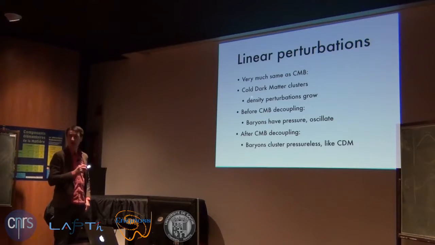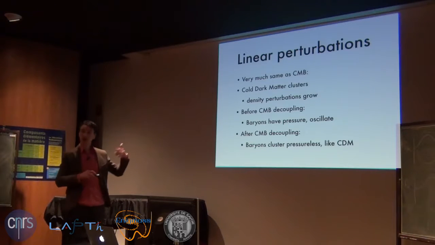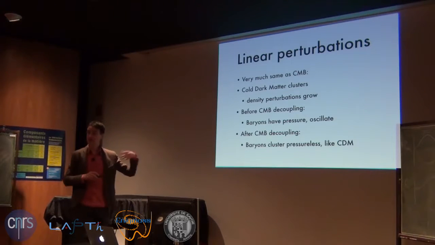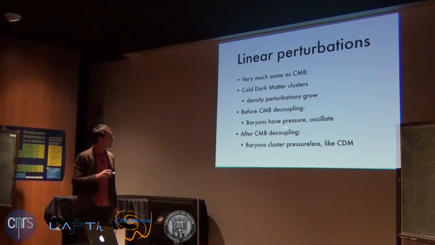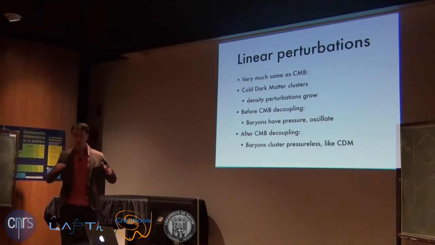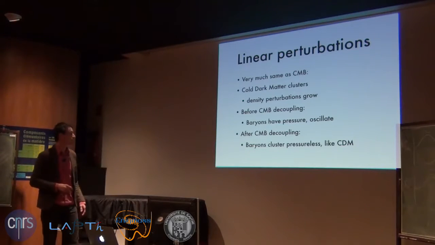The cold dark matter clusters; density perturbations in cold dark matter grow. Before the photons decouple, so at redshifts higher than 1100, when the universe is a hot dense plasma, baryons have pressure because they are coupled with photons. There's a baryon-photon plasma, and the baryon-photon plasma oscillates between overdense in one place and underdense in another place, and the opposite phase.